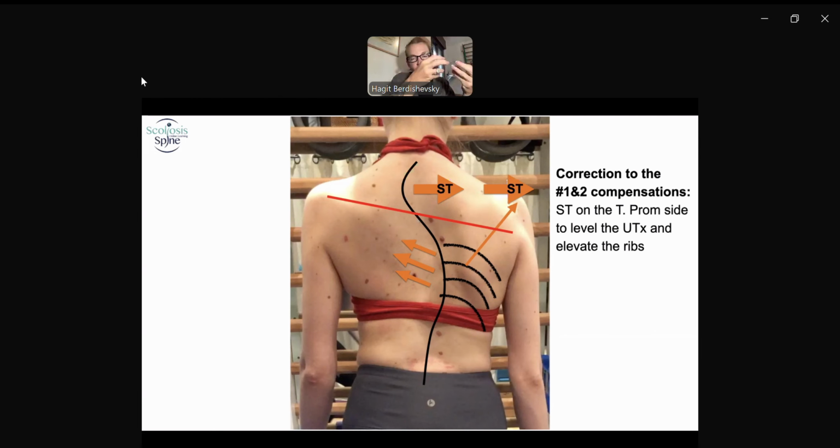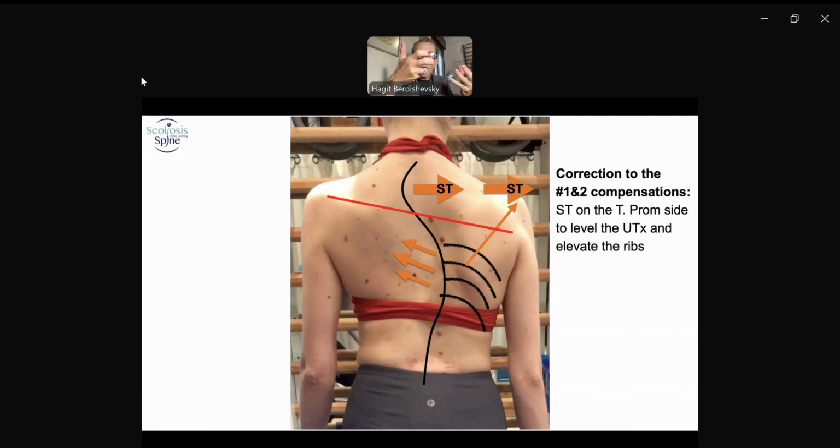And then the area of the upper thoracic region, by applying the force, pulling the spine, you can see that the arrows of the shoulder traction here are pulling the upper thoracic curve, which happened as a compensatory.